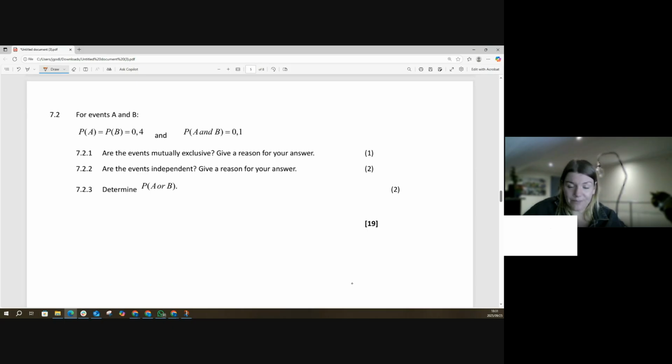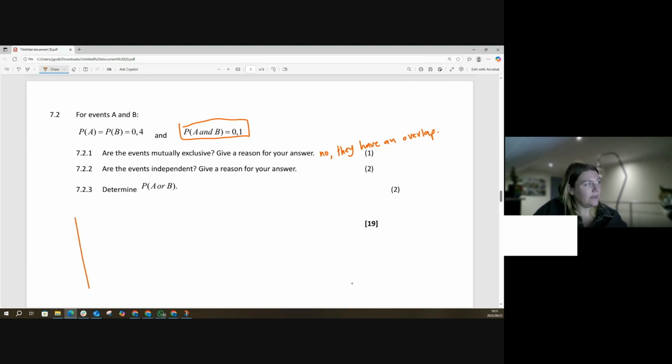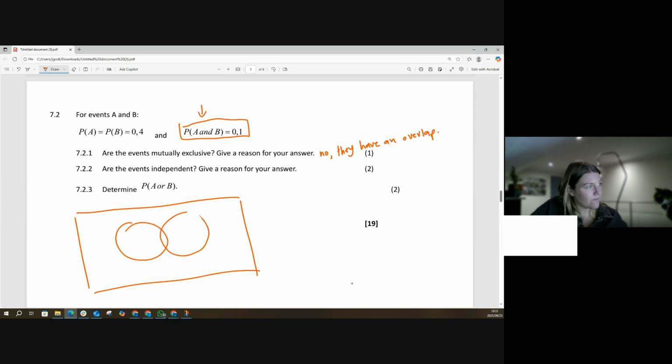Why no? Because they have an intersection. So it's not going to be mutually exclusive because we have an and.